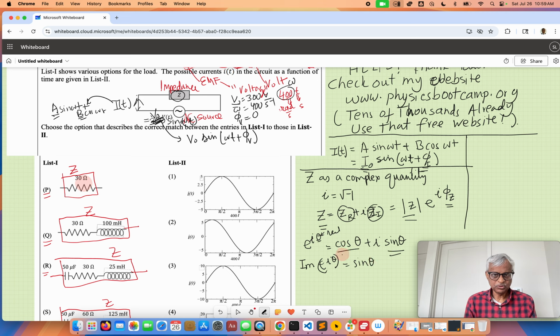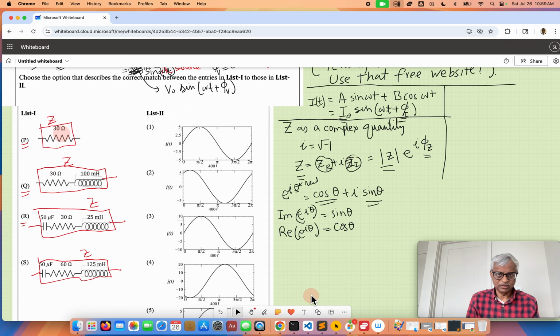If I just want the cosine part, then I would say, give me the real part of e to the power i theta. Then this will be cosine theta. One more thing: e to the power minus i theta just becomes cosine theta minus i sine theta, which you can just get from here.